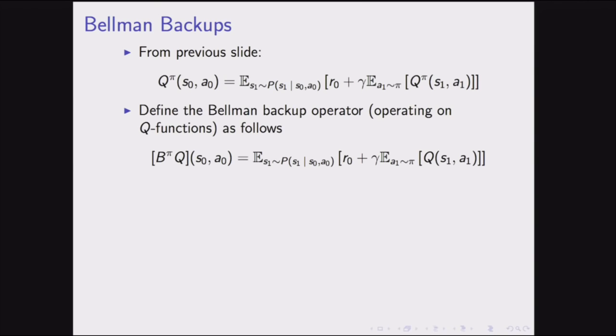We define this Bellman backup operator that operates on an arbitrary Q function. It maps a Q function to a new Q function, and it's defined by just taking the right-hand side of the Bellman equation and plugging in our new Q function, Q, instead of the Q^π.